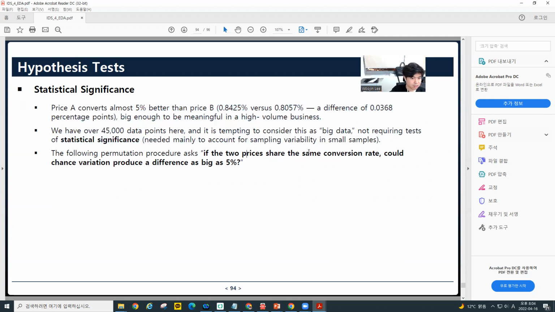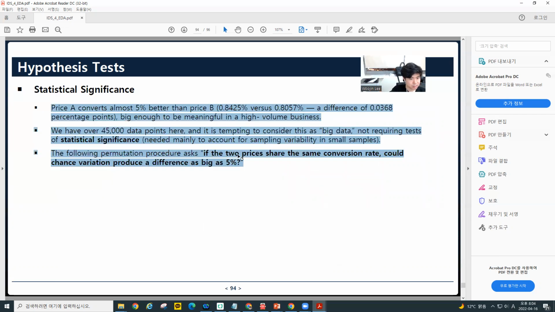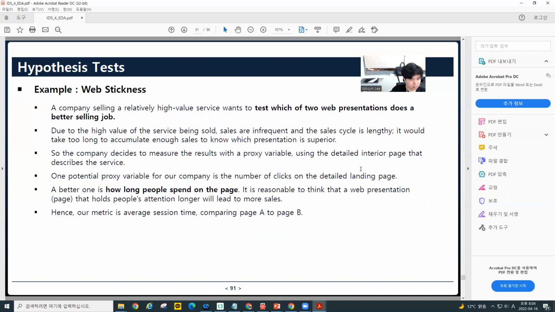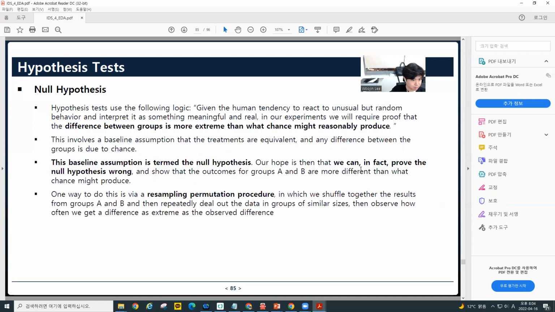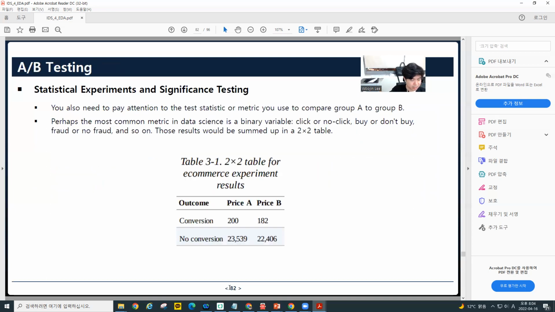We want to find out whether this 5% difference in conversion rate is really significant or not. So this example is different from the web stickiness one.